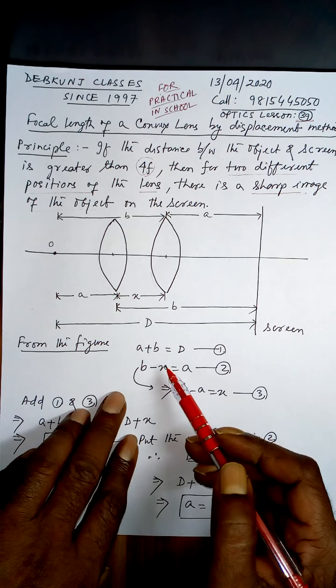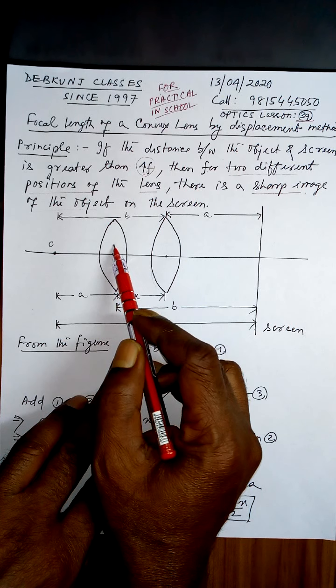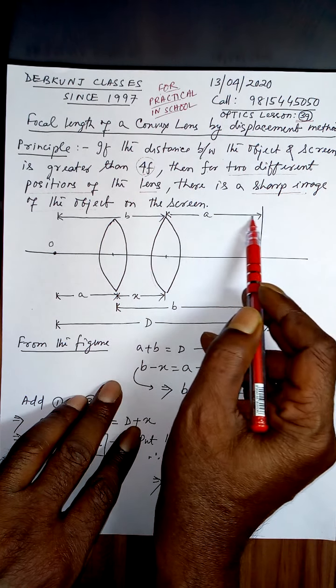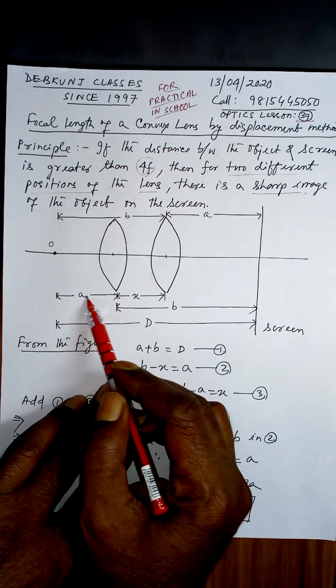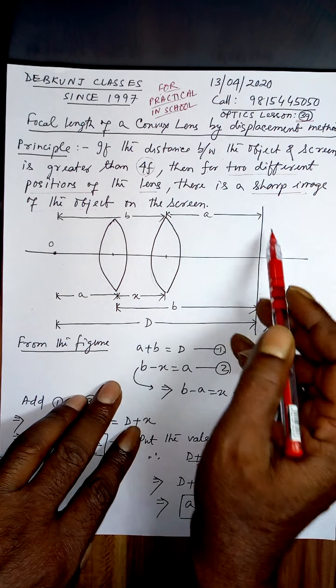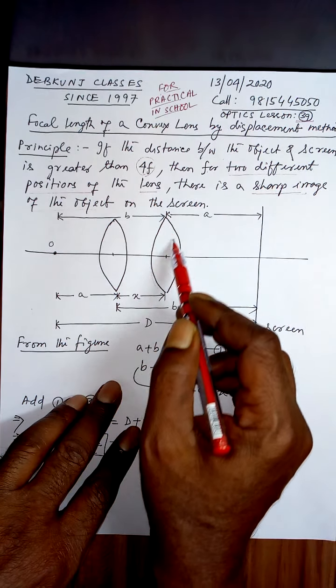Now look, it is interesting to note that when the lens shifts from here to here, and this distance is the same as this distance, that is, if this is a then this is also a, then there is a second image due to this position.